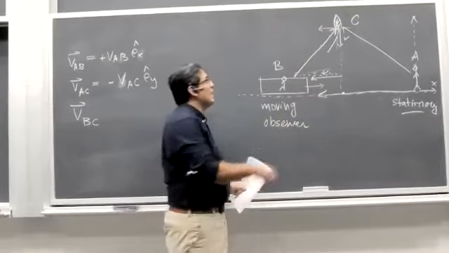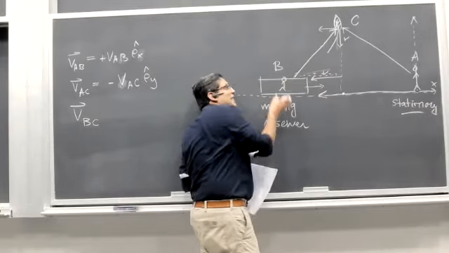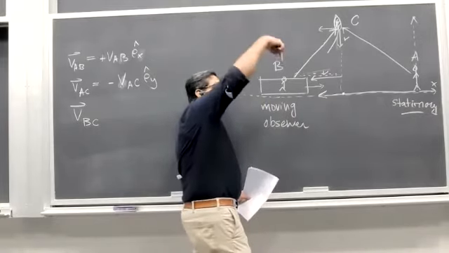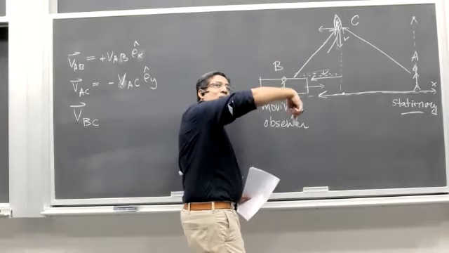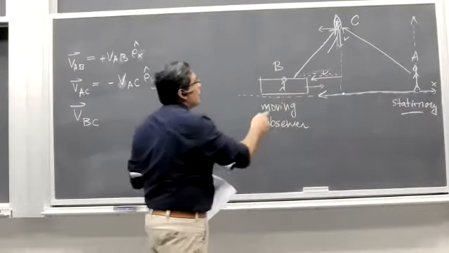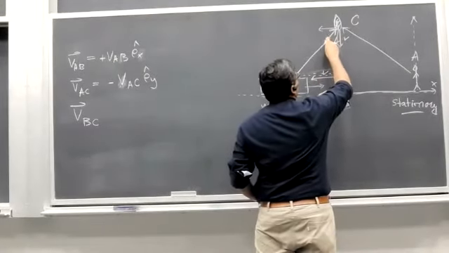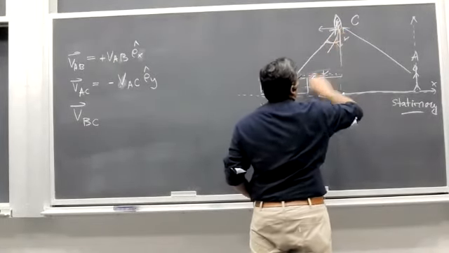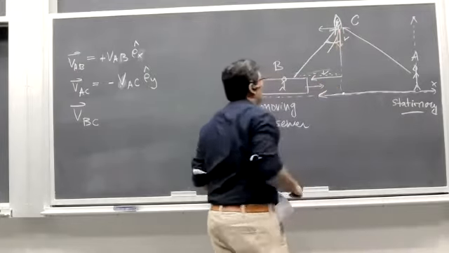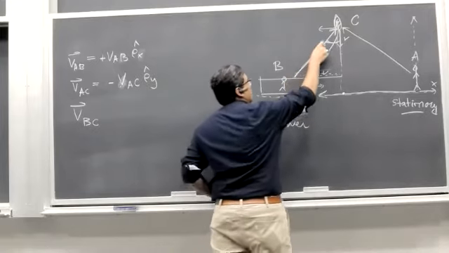So C, looked at from this point, has two components of motion, the vertically downwards and the horizontally leftwards. All right. So we have to resolve that. And let's say this angle theta is the angle that the vertical component of the droplet makes with the line of observation.